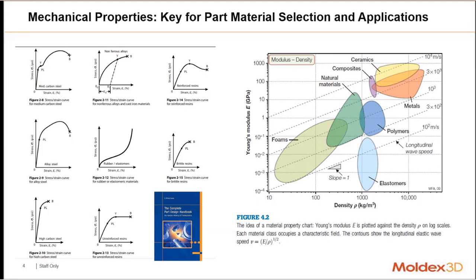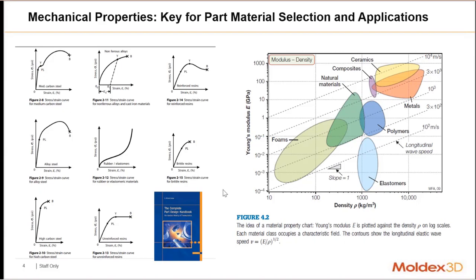So usually we will base it on this kind of chart. We check its Young's modulus, we check its density, and we select the polymer as our molding material because it has better moldability, or it is lighter, or it's cheaper.